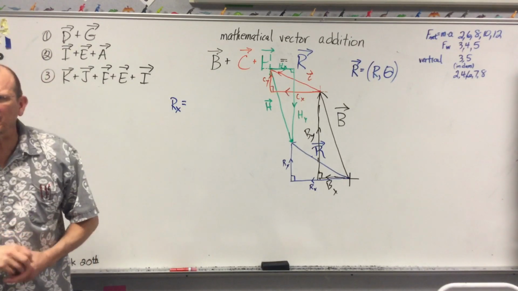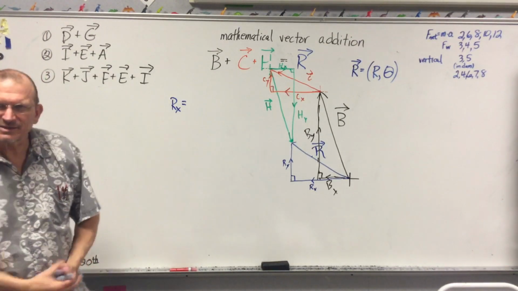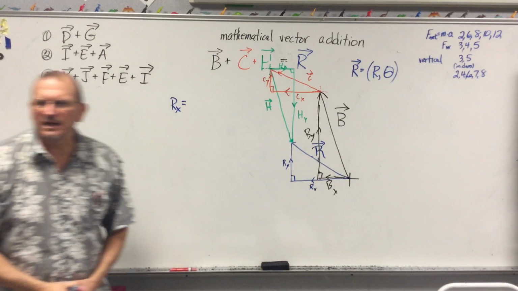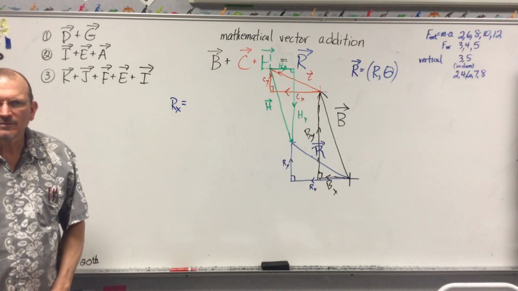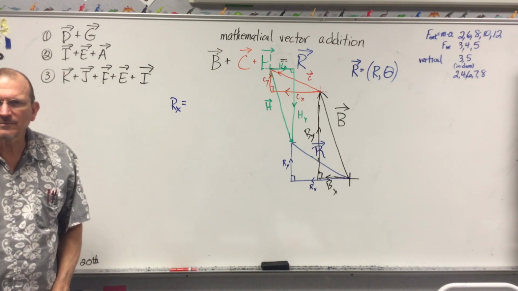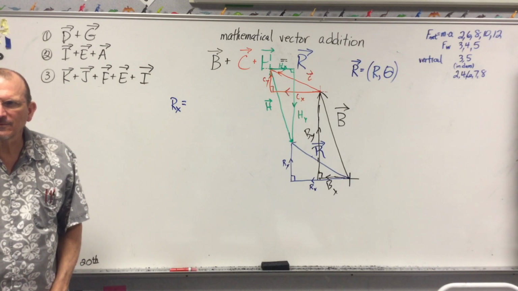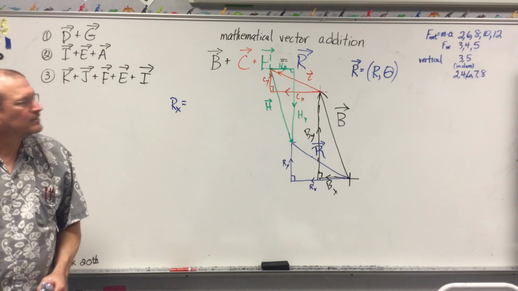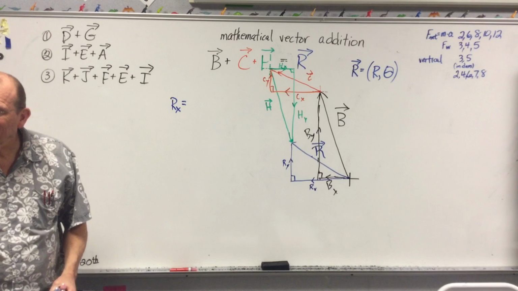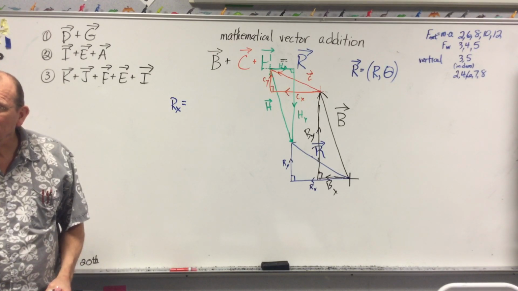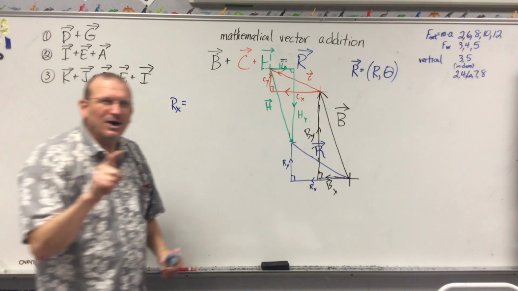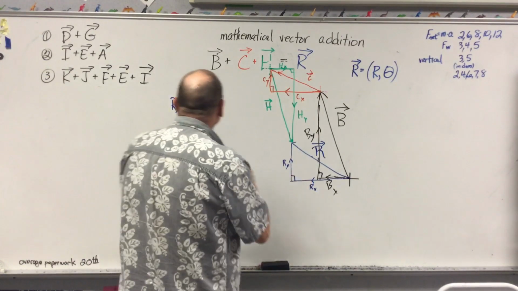So think mathematically here. What is Rx, this length here, going to equal? BX plus CX plus HX. I'm going to make a correction. Plus HX.